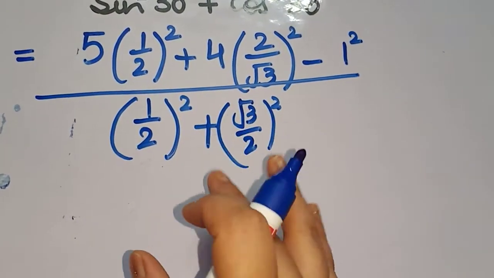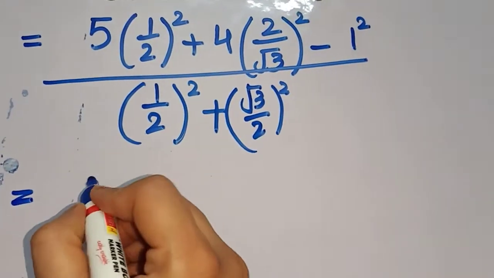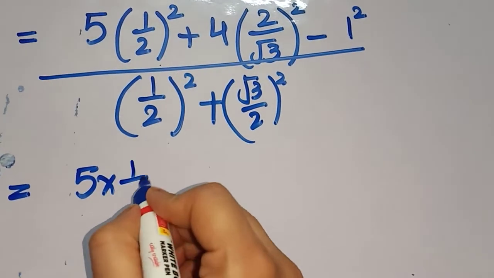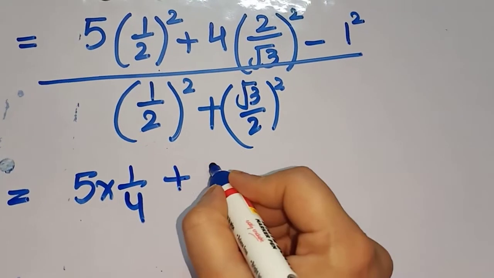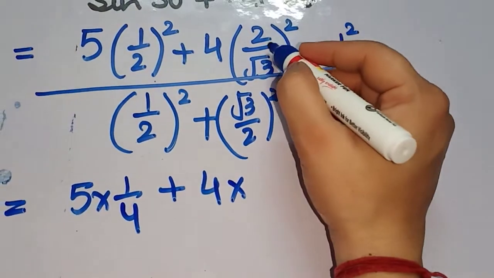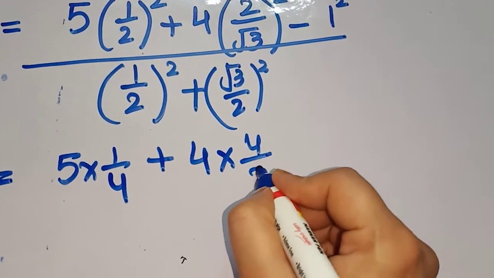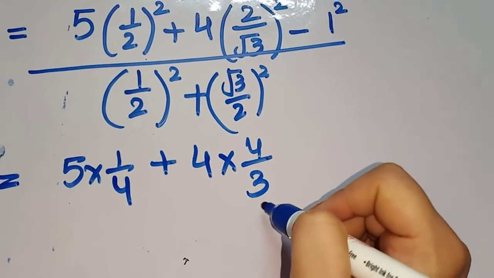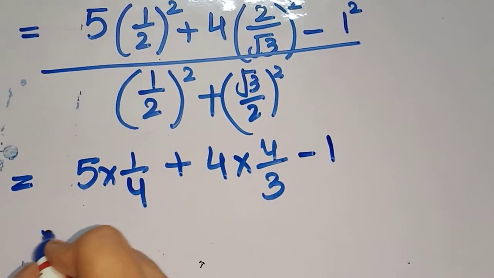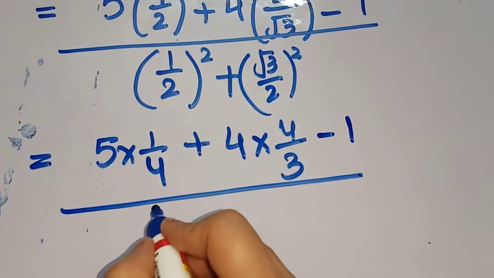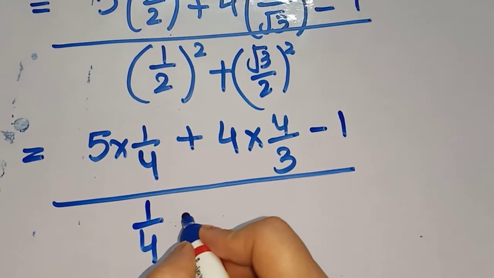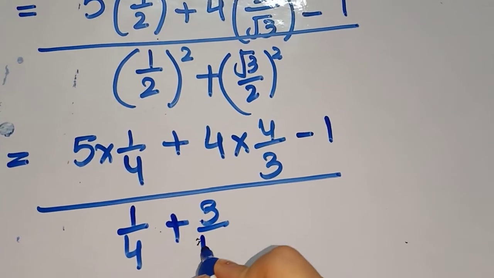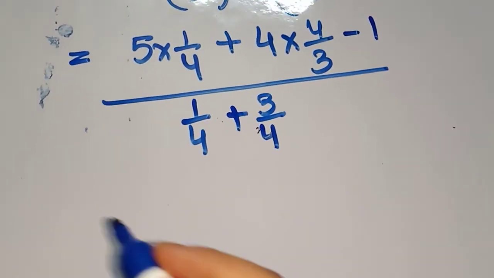Now we have to solve it. How will we solve it? 5 into 1 upon 2 squared, 1 upon 4, plus 4 into 4 upon 3, 2 squared is 4, minus 1 upon 2 squared again 1 upon 4, and root 3 upon 2 squared becomes 3 upon 4. Now simplify it.